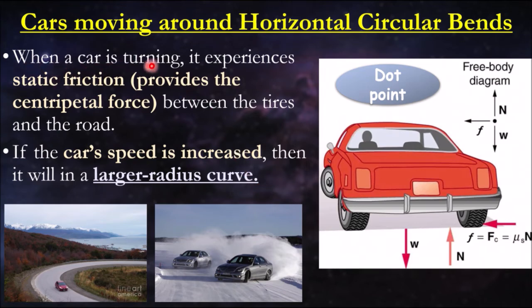Okay, so when a car is turning, it experiences static friction. So this is the provider of the centripetal force. What do we mean by that? Remember when we said there's two types of friction. There is kinetic friction and there is static friction. Now the reason why the car turning experiences static friction and not kinetic friction is because the car is opposing a new direction, right?